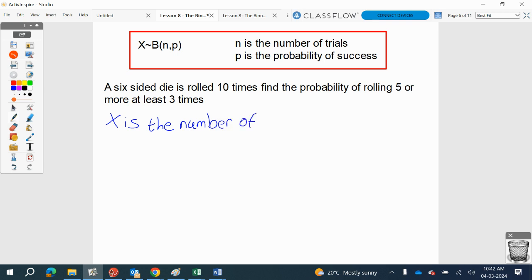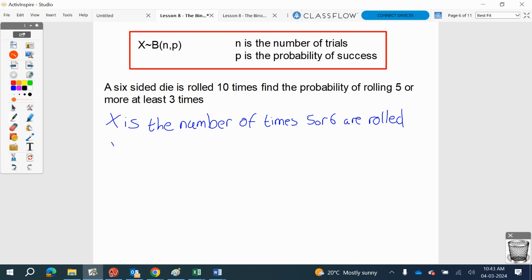What is x the number of? X is the number of times 5 or 6 are rolled. Writing this sentence down is going to help you think as you solve the problem. So x is the number of times that a 5 or a 6 is rolled.